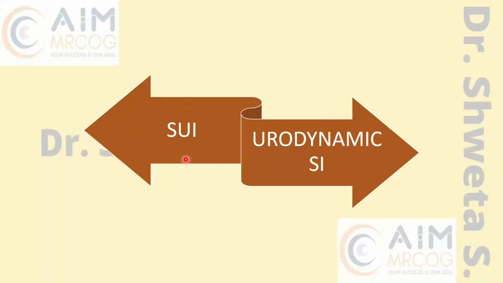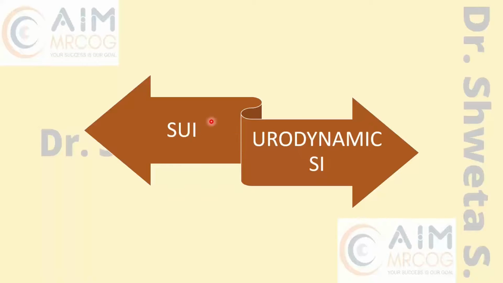Now, what is the difference between stress urinary incontinence and urodynamic stress incontinence? This is also a common question. They will give you in the question a scenario where the woman is leaking on increased intra-abdominal pressure. So if the woman is leaking on coughing, sneezing, lifting heavy weight, anything increasing the abdominal pressure, then stress urinary incontinence is a clinical diagnosis. But when, while doing urodynamics, you see that the woman is leaking while coughing, then it becomes urodynamic stress urinary incontinence.